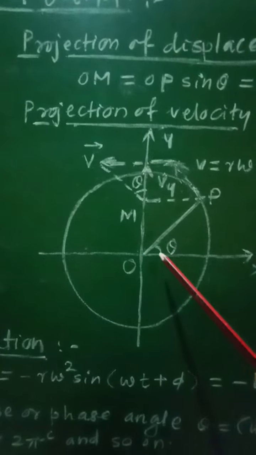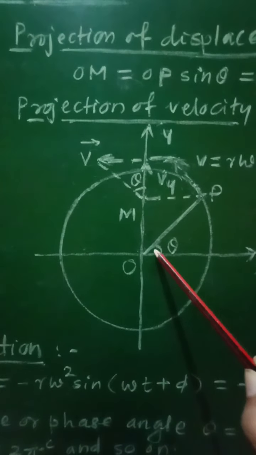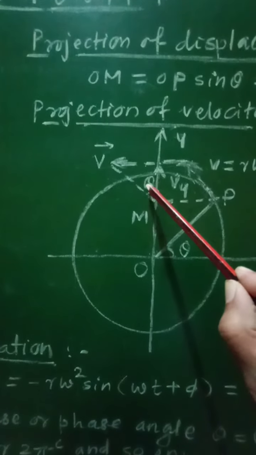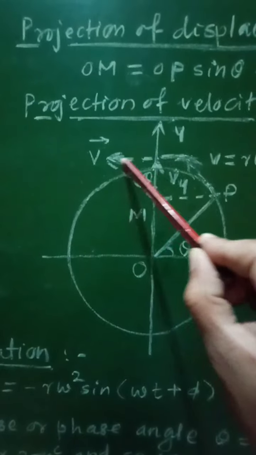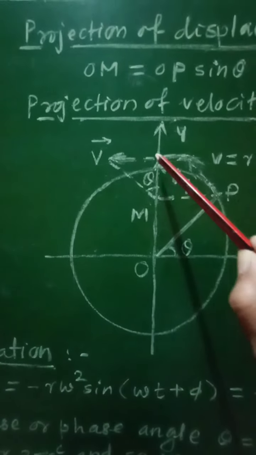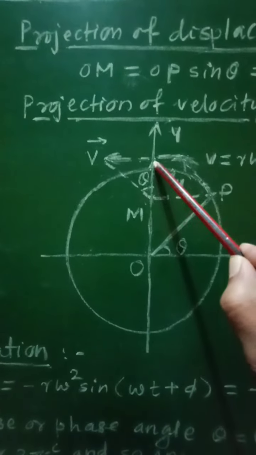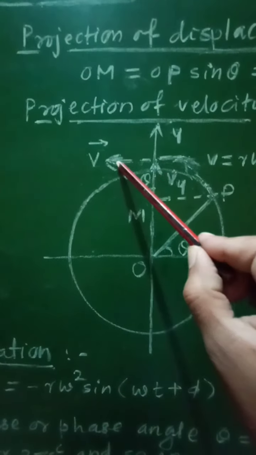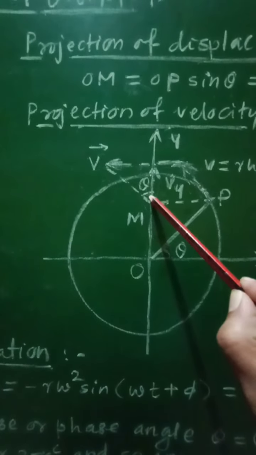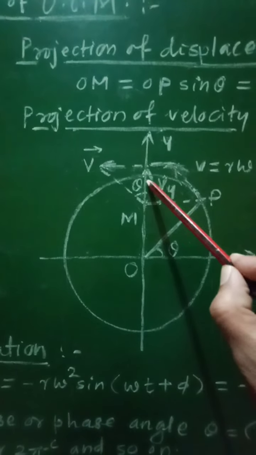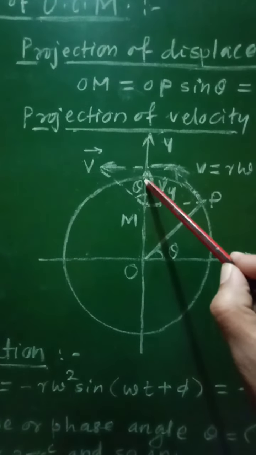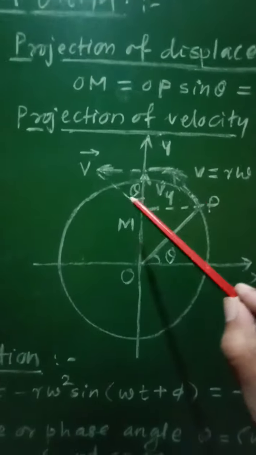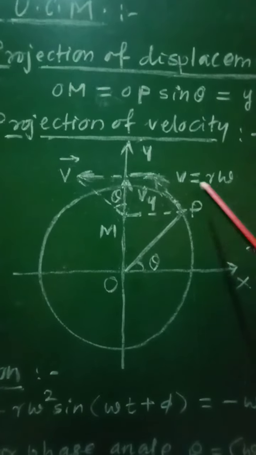And therefore if you consider the geometry of this figure, if this angle is theta made by the position vector OP, then this angle will again be theta. As it is a right angle triangle, because this will be the tangent and this will be the radius, the perpendicular will be the tangent to that radius. From this triangle, if you consider this angle as theta, this side will be the adjacent side, and therefore we will have to define cos theta. This will be the hypotenuse, which is nothing but r omega, as v is equal to r omega.